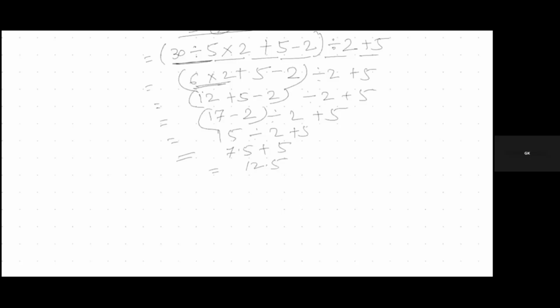In the bracket also we have used the same method of BODMAS, that is division, multiplication, addition and subtraction. So the four operations we have done in order to arrive at the answer of the bracket, and then we have solved the balance, division and addition, with respect to the said expression. At the end of the day, the rule of BODMAS is very important to arrive at the correct answer.